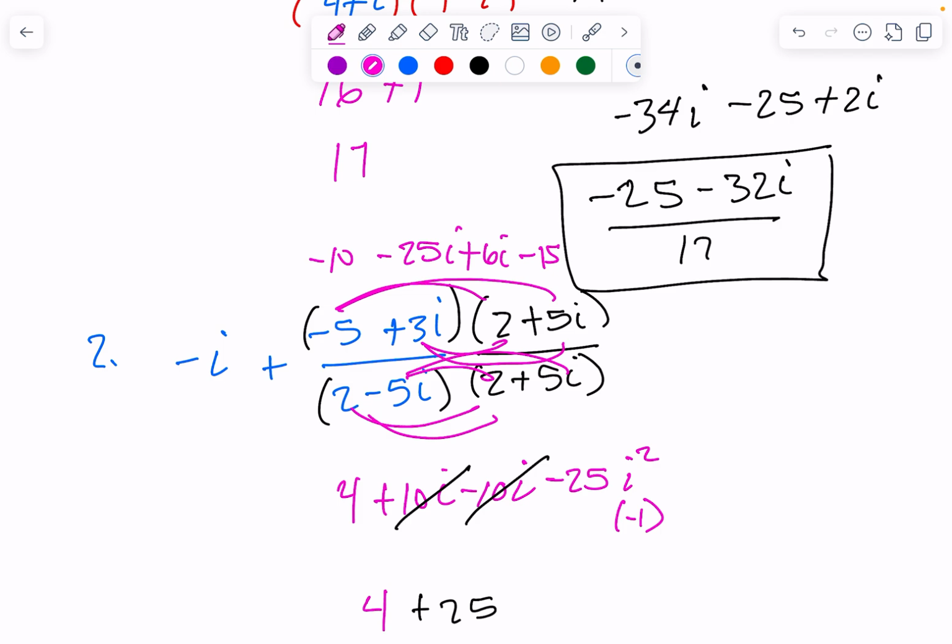So on the top is negative 25, and negative 25i plus 6i is negative 19i.